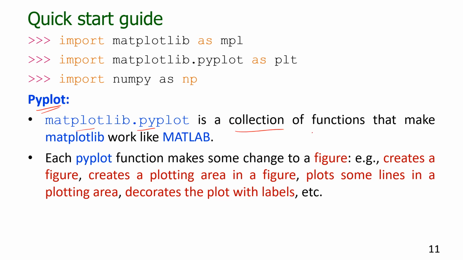Matplotlib.pyplot is a collection of functions that make Matplotlib work like MATLAB. Each pyplot function makes some change to a figure: for example, it creates a figure, creates a plotting area in a figure, plots some lines in the plotting area, and decorates the plot with labels, etc.